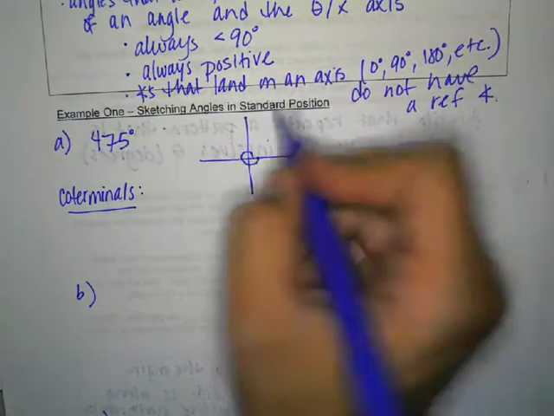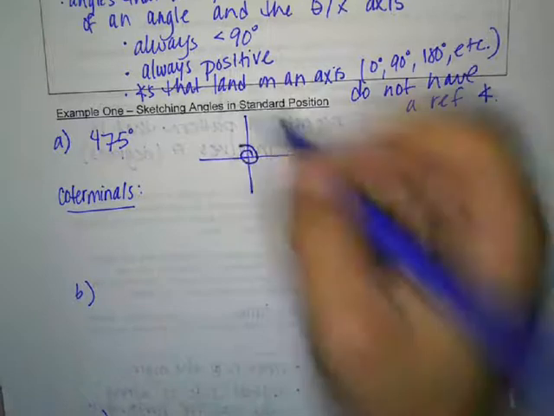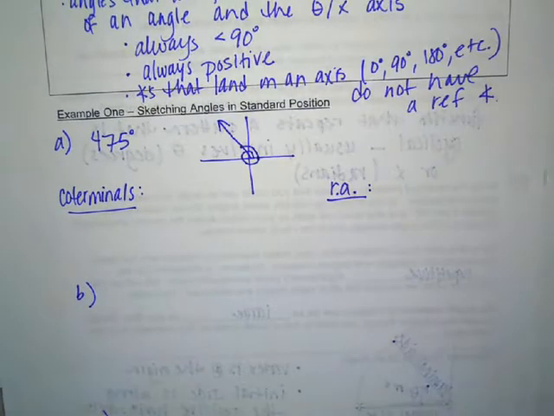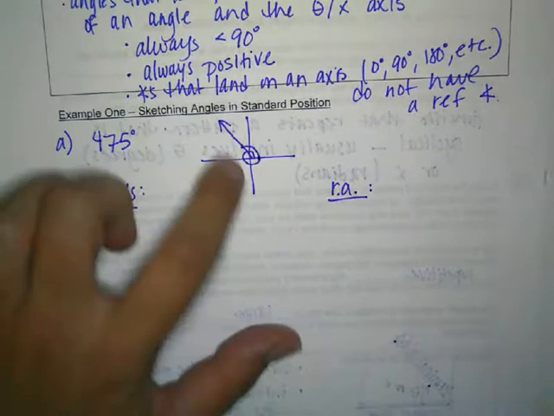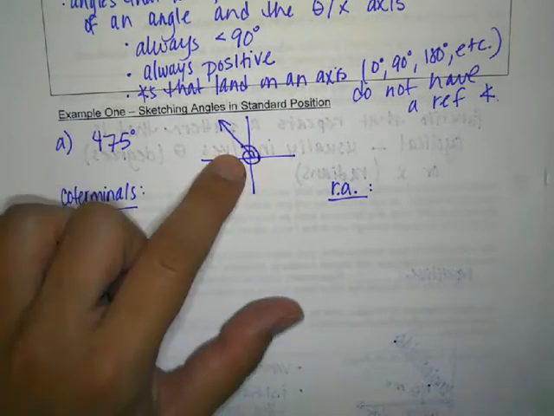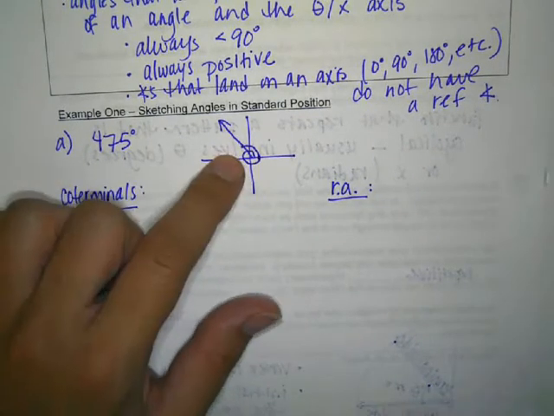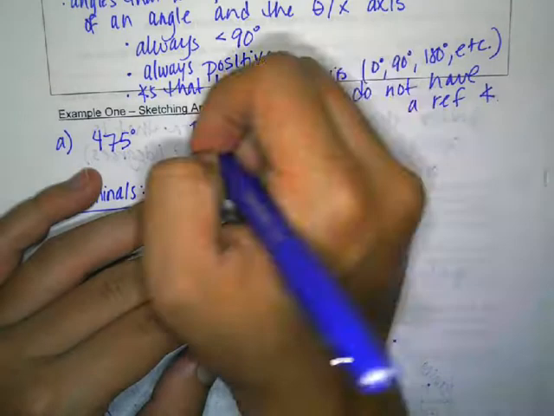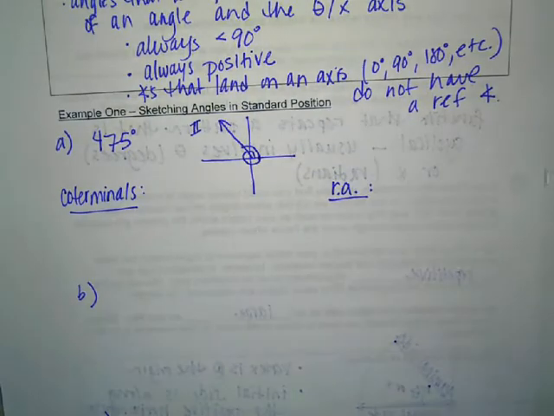So 115 is going to be about right there. To sketch it, you need to make sure that you show the little swirly there in order to show where it ends and how many times you've gone around. And then this is quadrant 2. Knowing what quadrant angles end in is also important.